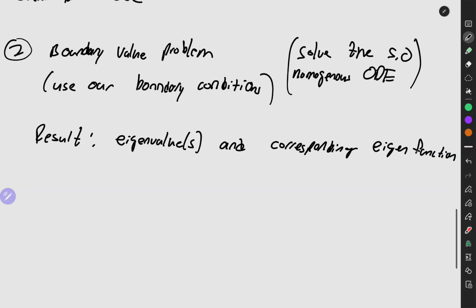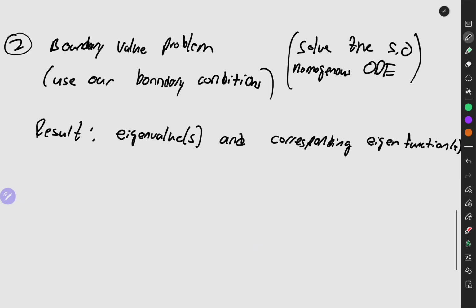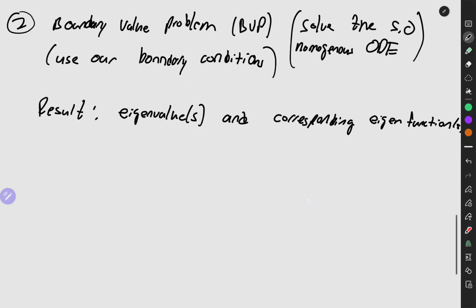Okay. That's a boundary value problem, so BVP. So after that step, we get our eigenvalues and corresponding eigenfunctions.